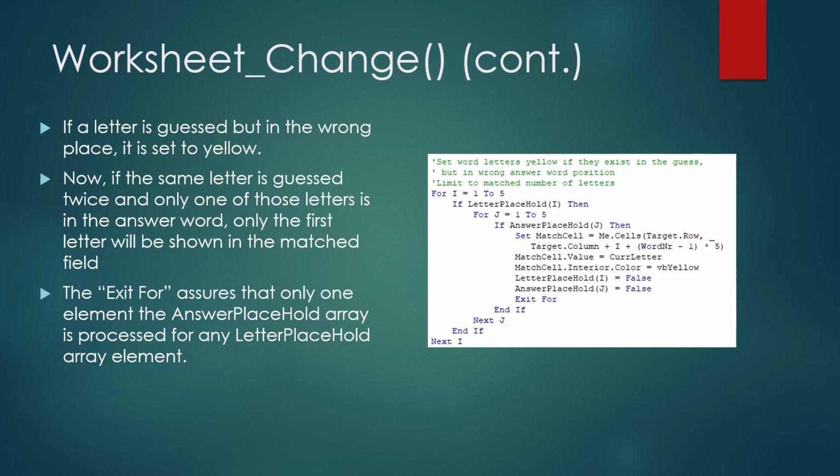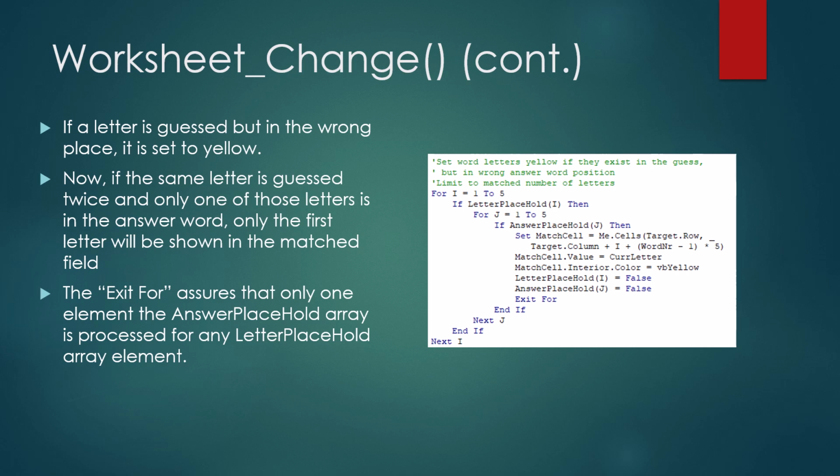Okay, to check the existence of letters that are yellow, I have a nested loop here where the outer loop looks at the positions of the letter in the letter placeholder array, and the inner loop examines the answer placeholder array. So if there are any letters left in the answer placeholder array for those that are in the letter placeholder, then that letter is placed into the matched words area, and then it's set to yellow.